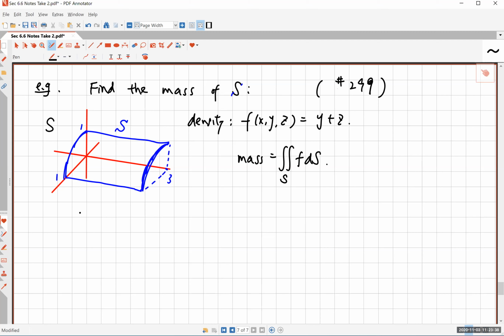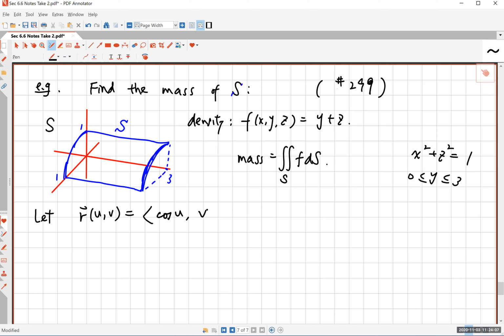Okay, so the first thing is you have to parameterize this, okay? There are many ways to parameterize this maybe, but the easiest way is, remember this circle, you have to have x squared plus z squared, so not y squared, right? Because of the orientation of the cylinder, x squared plus z squared equals 1. And then y simply goes from 0 to 3, okay? So what's the best way to do this?